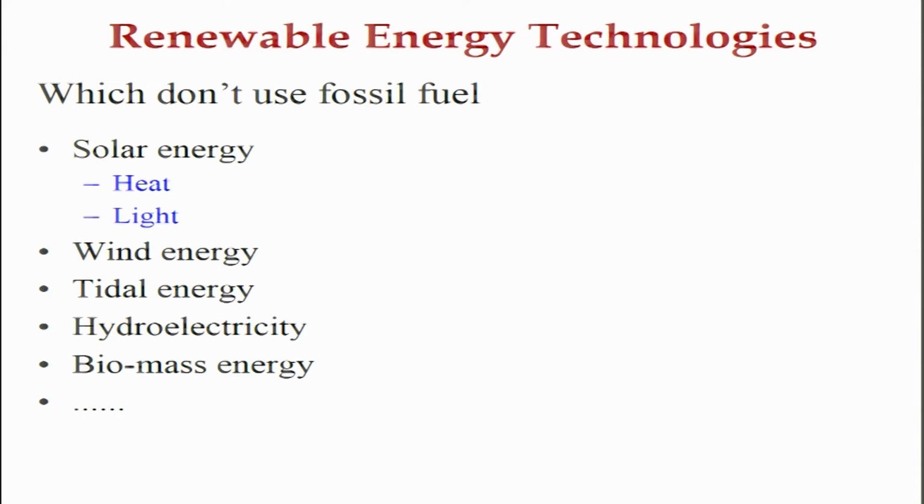Then there is hydroelectricity, there is biomass energy, and there are a lot of other methods of energy conversion which people are thinking about. Among all of these, solar energy stands out because the sun is an abundant source and it's available everywhere, especially for a country like India, which has very high solar irradiance.